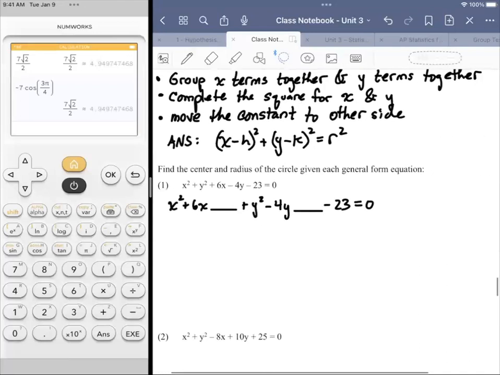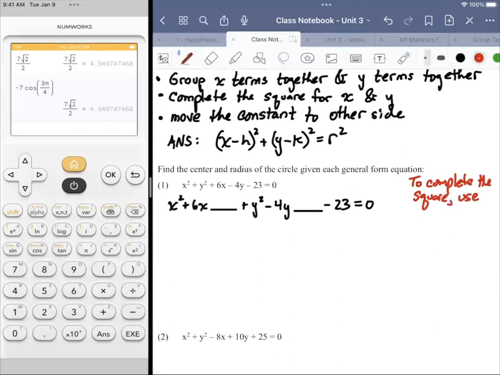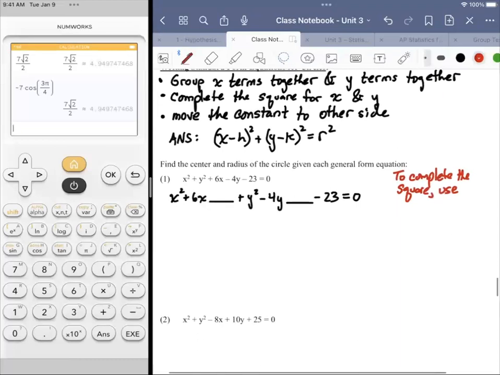All right, so let's simplify the process a little bit. To complete the square, use b squared divided by 4a. All right. There's other ways to do it, but this is the most streamlined approach.